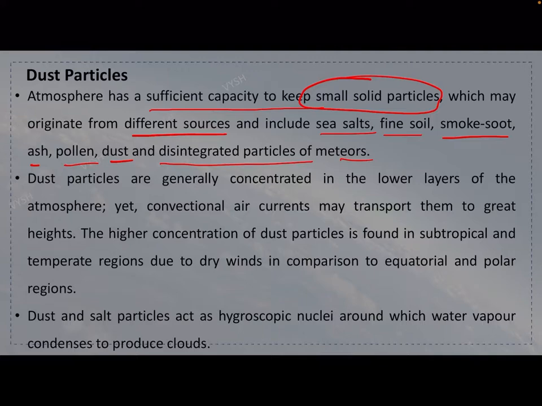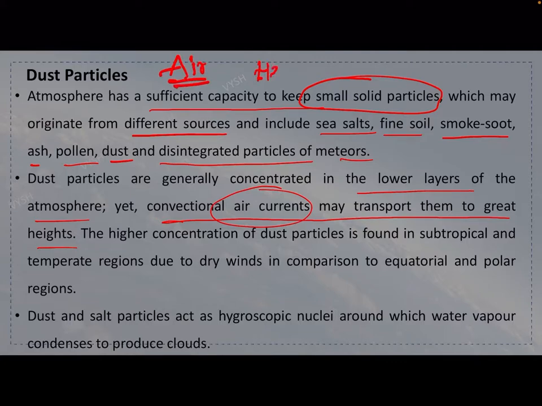Dust particles are generally concentrated in the lower layers of the atmosphere, yet convectional air currents may transport them to greater heights. See, what exactly is an air current? The heat moves towards the cold, and the cold moves towards the heat.